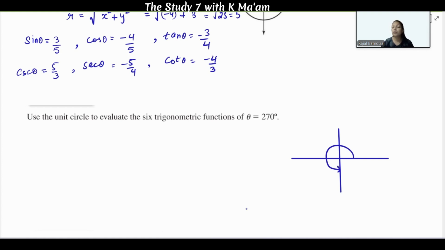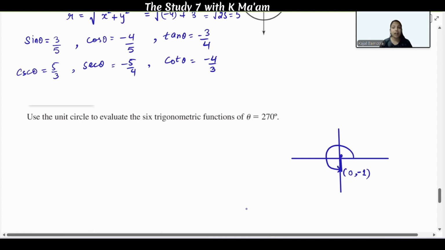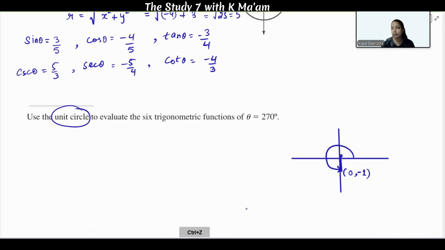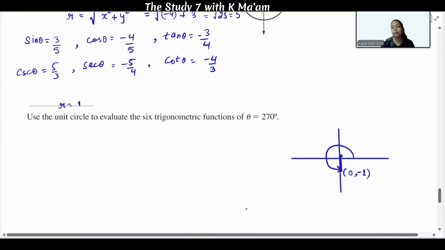Because it says unit circle, it means the r value will be 1. So from the center to this coordinate, this value is 1. The x value is 0 here, the y value is negative 1 at this point. So the xy coordinates are 0 and negative 1. What is the r value in this case? 1, because it's a unit circle.